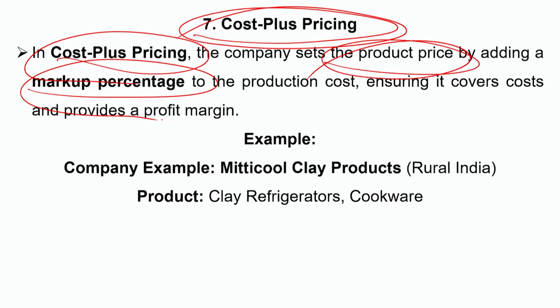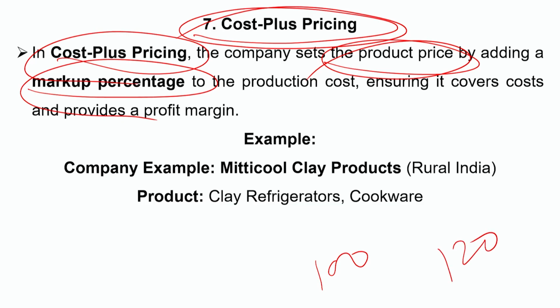For example, as I told you in the previous class, if your product involves 100 rupees for making the finished goods, अगर 100 रुपए का आपको कॉस्ट इन्वॉल्व हो रहा है एक साबुन बनाने में, ऐसा समझिए, तो क्या आप 100 रुपए में बेचेंगे? आप भी तो बना रहे हैं, मेहनत कर रहे हैं, तो आपको तो प्रॉफिट चाहिए थोड़ा. तो इसमें कॉस्ट प्लस प्राइसिंग में क्या करते हैं कि आपने 100 रुपए नहीं बेचा, उसकी जगह आपने बोला कि मैं 20% जो मेरा कॉस्ट ऑफ प्रोडक्शन है उस पे बेचूंगा. तो 20% 100 का क्या हुआ? 20. तो आपने ऐड कर दिया 100 प्लस 20, 120 रुपीज में आपने अपना 100 बेचा.